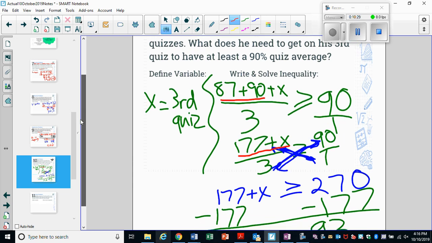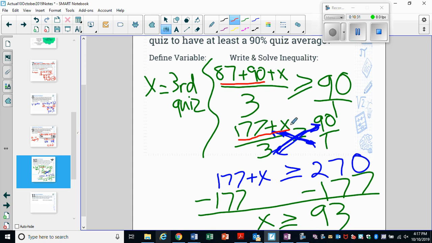So we started with 177 plus x times 1. That's just 177 plus x. This just comes on down for the right. Whereas 3 times 90, that gives us a result of 270. Now we're just down to a one-step inequality.